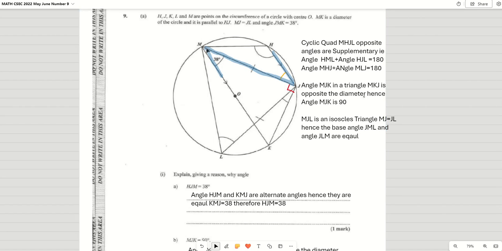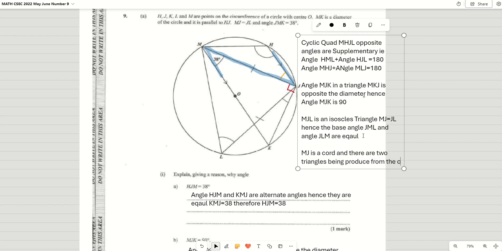One other rule is MG is a chord, right? And there are two triangles being produced on that chord. So we know that MJ is a chord and there are two triangles being produced from the chord.